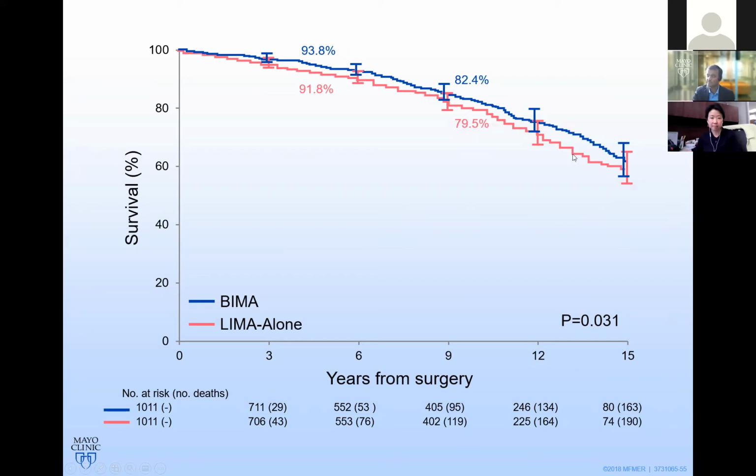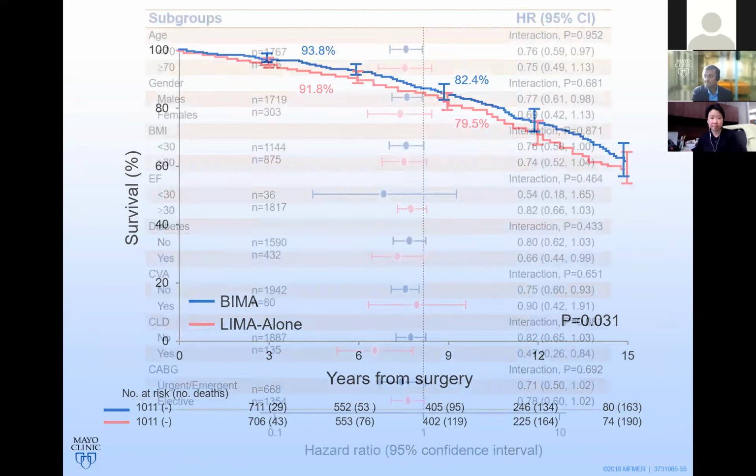So the BIMA, the blue line, gets farther away from the red line, which is the LIMA alone, meaning that patients with bilateral internal mammary arteries end up living longer and much further as compared to the LIMA alone.